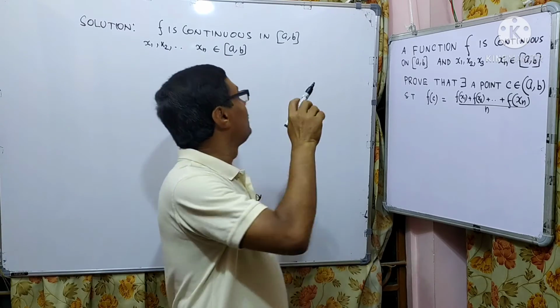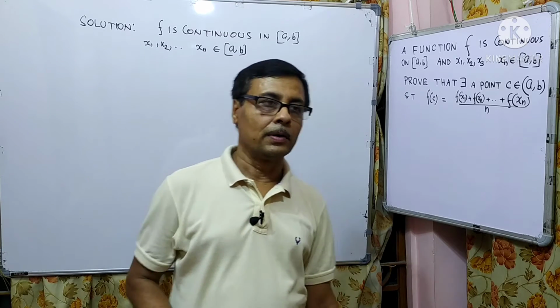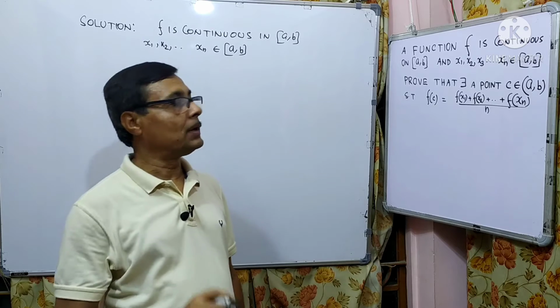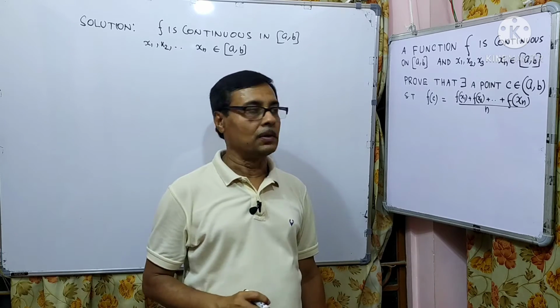Now we already know some theorems on the continuity of a function on a bounded and closed interval. Here we shall apply these theorems for the solution of this problem.